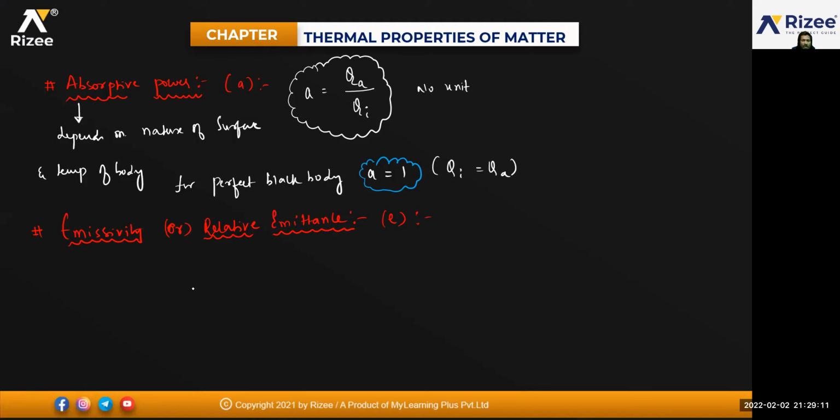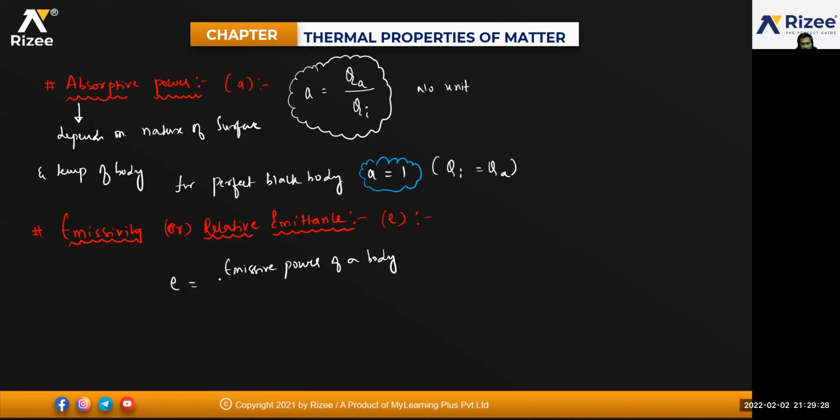So what is this small e, beta? Emissivity or relative emittance means the power to emit, isn't it? See the formula: this is the emissive power of a body. That means to what extent it can emit.